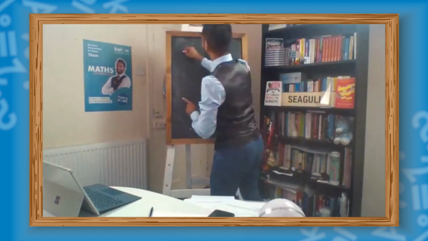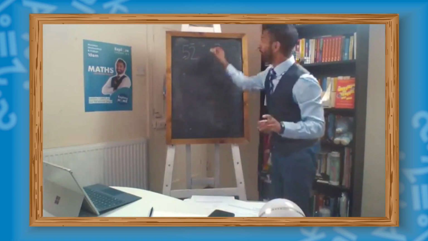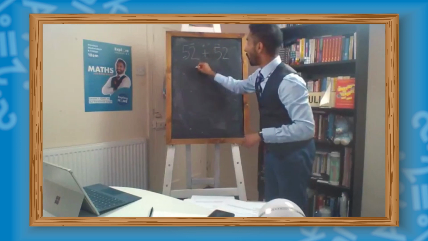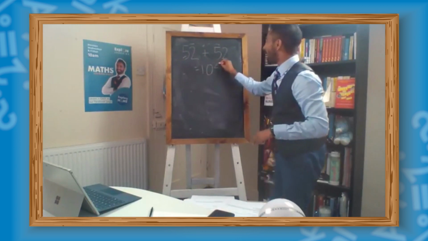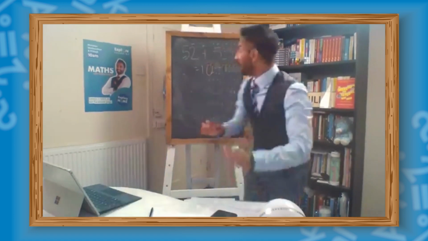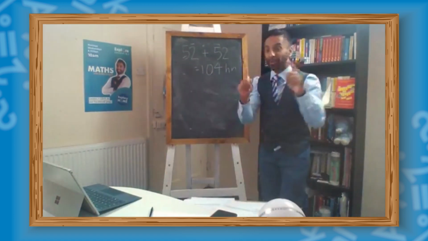So, 52 hours to get there and 52 to get back. Don't forget, you add the two and we get 104 hours. Seems quite quick. Then we work out how many hours in each day.